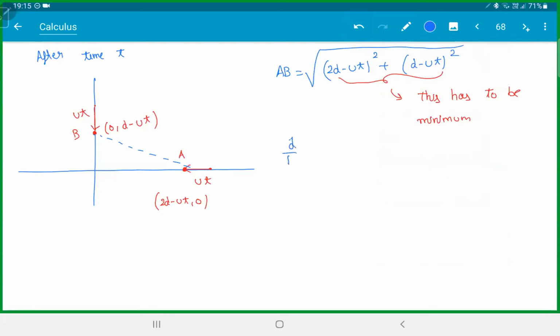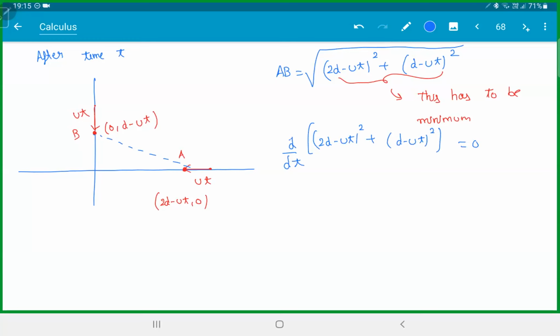Therefore, d by dt of (2d minus ut) whole square plus (d minus ut) whole square is 0. You can differentiate that root thing also. It doesn't matter. But why differentiate a root? Just differentiate whatever is inside. You can simply say if AB square is minimum, then AB is minimum.